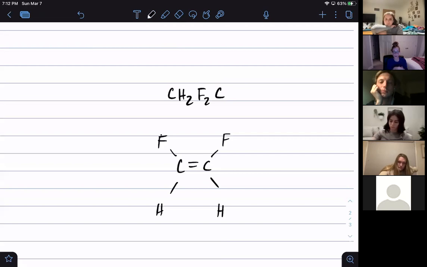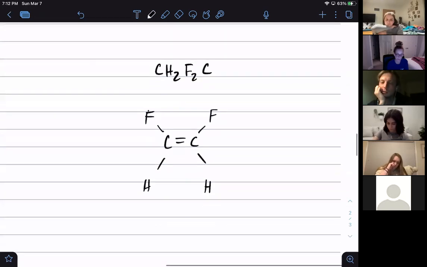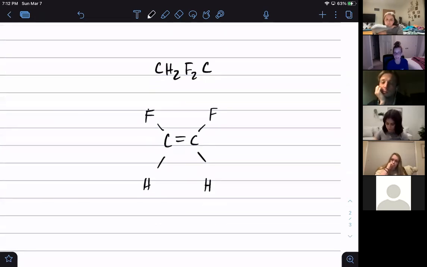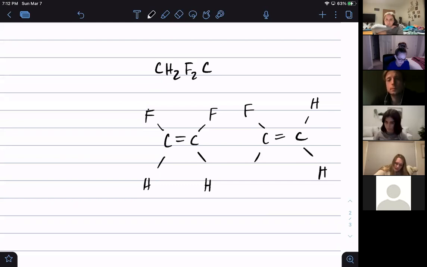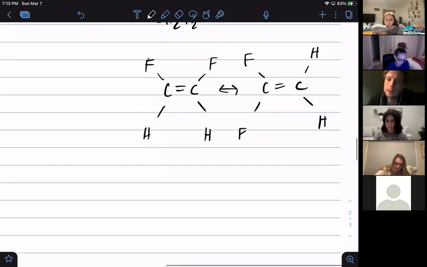So when you do something like this, this is the only time cis and trans will come into play, with a structural isomer, because you have to ask yourself, how many different ways can I draw this? And you could draw it this way, and you could draw it this way.